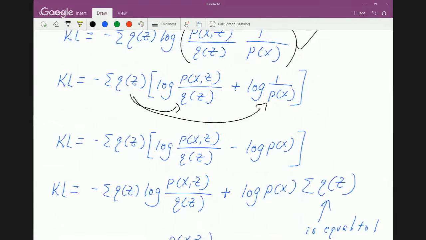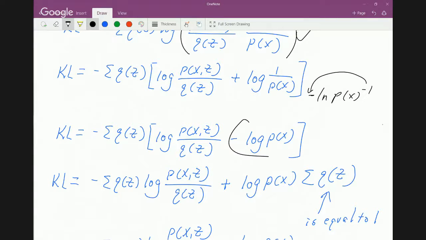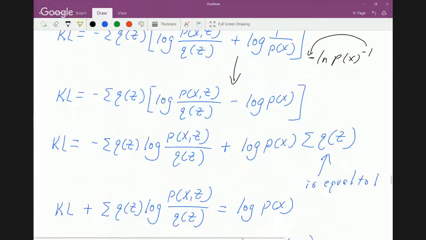Oh no, that's not what I did. Sorry. First, over here is probability of x to the -1. So if we're talking about log, we can move this down, minus. And that's how I got minus log. So that's all I did from that step to this step. And now I finally distribute this.